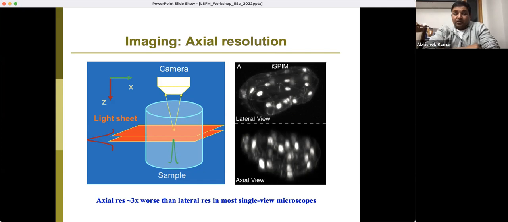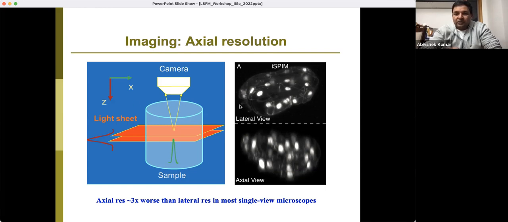And we can't do much about that, because that's inherent to our lens design. We don't get high frequency components from the axial dimension. So in many cases, our axial resolution is a few times worse than the lateral resolution in single objective microscopes, whether it's confocal or wide field.